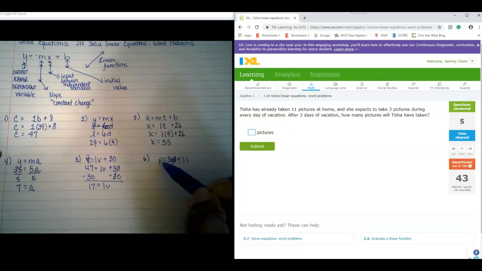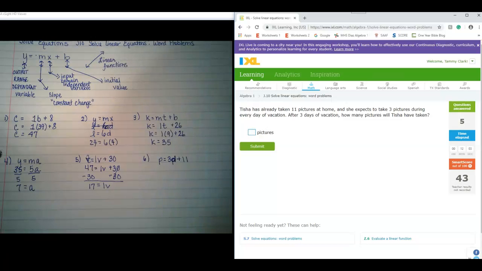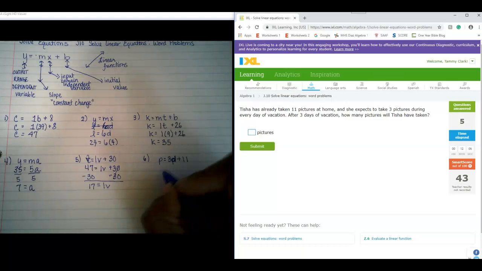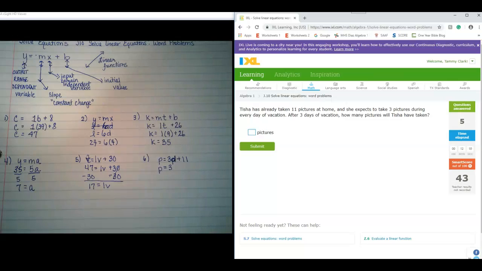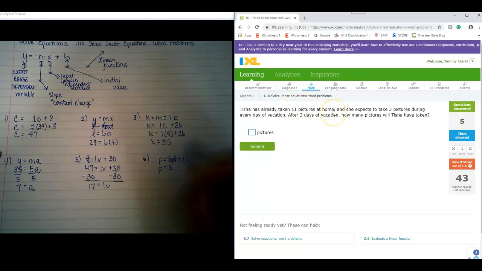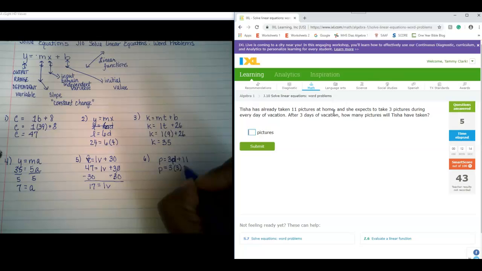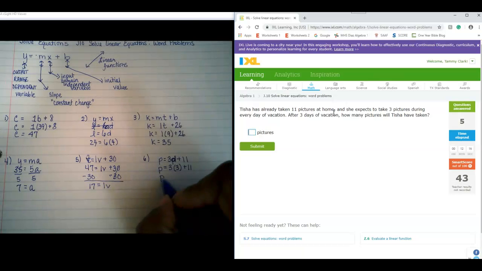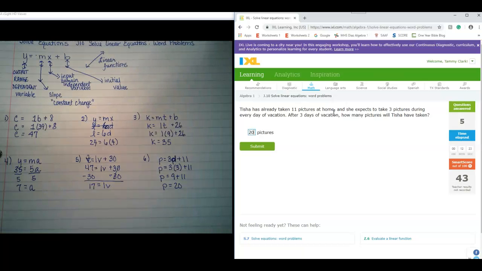Alright, so the total number of pictures equals 3 pictures per day plus the 11 that she's already taken. So, total pictures is 3 pictures, she's going to be there for 3 days of vacation, plus the 11 pictures she's already taken. That's 9 plus 11. The number of pictures she's going to take is 20 total.